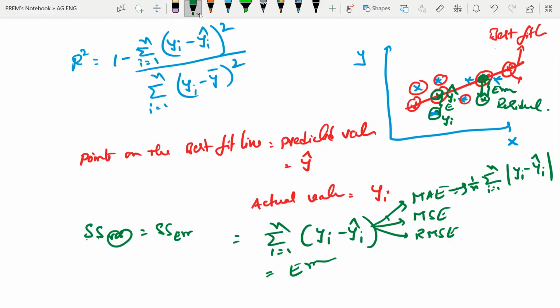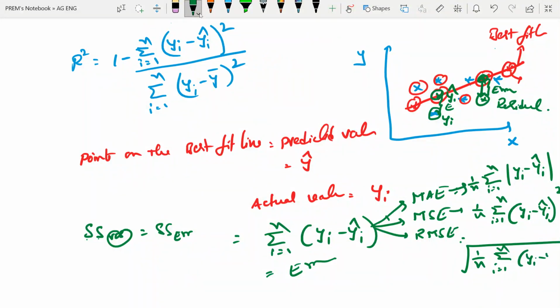The mean square error is 1 by n sigma i equals 1 to n, yi minus y hat, whole square. The root mean square error is the root of 1 by n sigma i equals 1 to n, yi minus y hat, whole square.